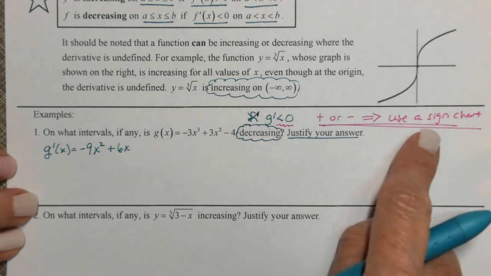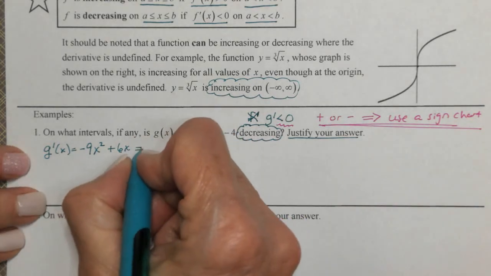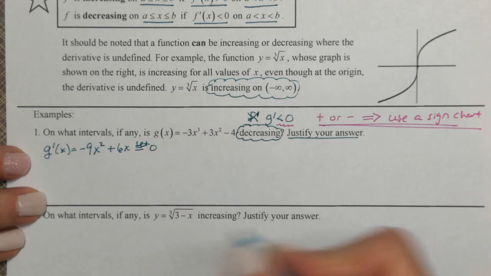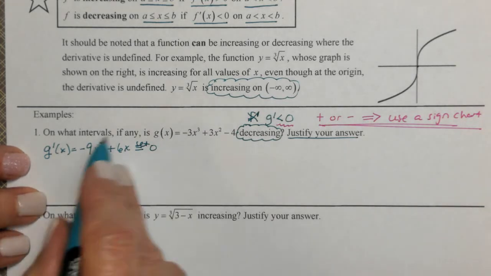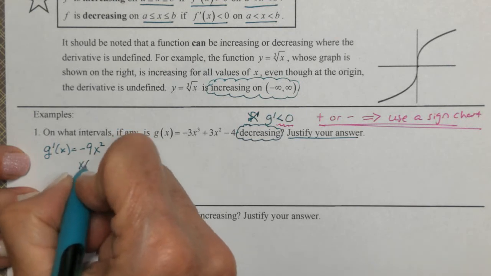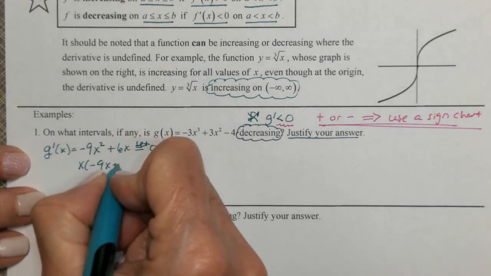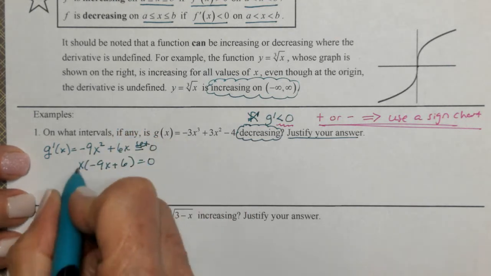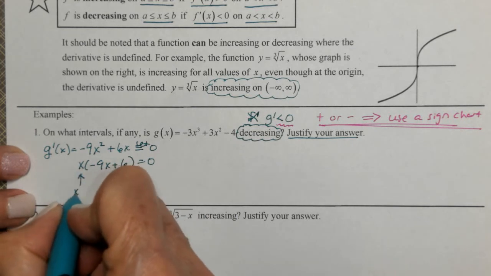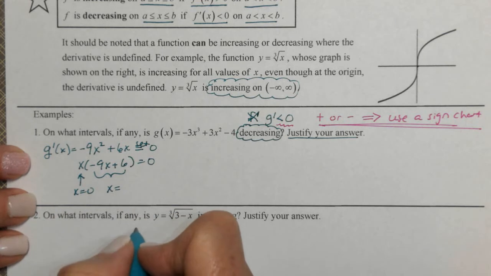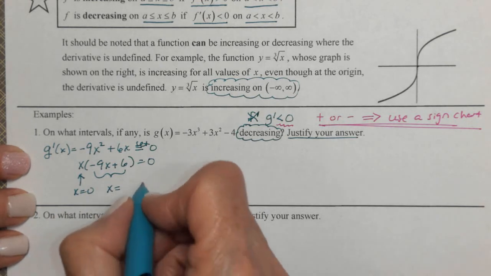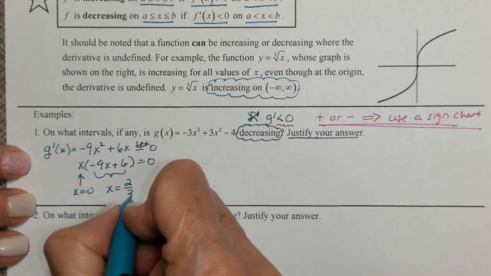To use a sign chart, I'm going to first set this equal to 0 and find the zeros. Then I will use those on my sign chart. So I'm going to just factor out an x here. From this one, I get x is equal to 0. From this one, I get x is 6 over 9 or 2 over 3, right?